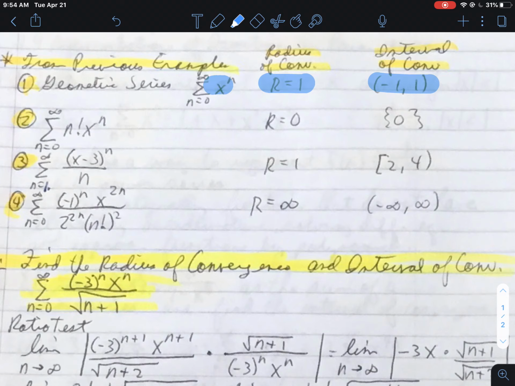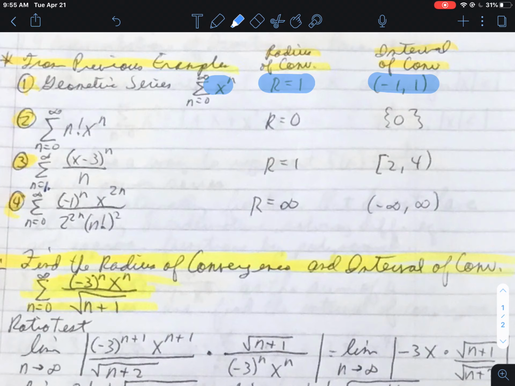Notice a is 0 in that case, because it's just x to the n. So x minus a is 0. And so we're within a distance of 1 unit of 0 of the a value. And that's why the terminology we use, we said it's a series centered at a or a series about a. Okay. And so that comes into play when we talk about this radius and interval of convergence.